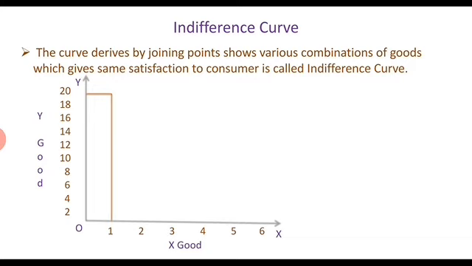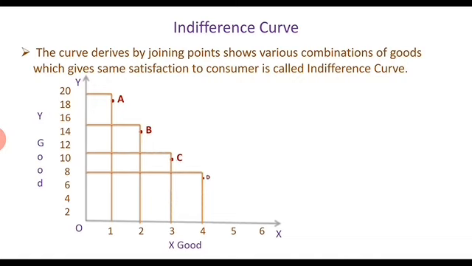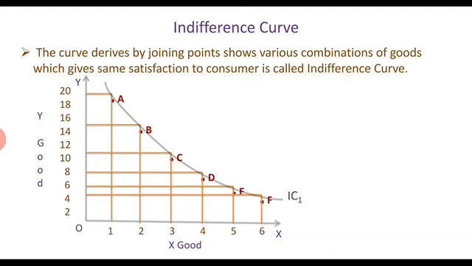The same satisfaction giving combinations A, B, C, D and E, by joining them, we can get an indifference curve. In this diagram, IC1 is the indifference curve.